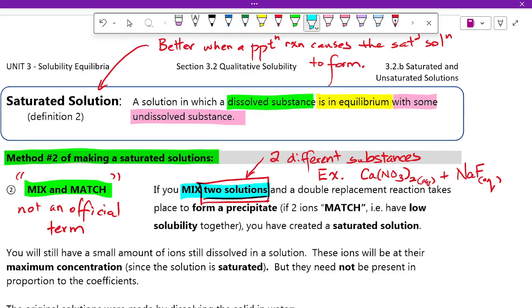Now, if you put those together and you get a precipitate, so if the two ions match, and which two ions are we talking about in this case? Maybe the calcium and the fluoride. We get a precipitation, and we would get calcium fluoride, CaF2 solid, and that would be our match. So we're mixing the calcium and the fluoride, and they are matching to form a precipitate.